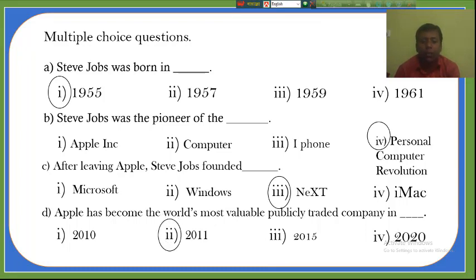Apple has become the world's most valuable publicly traded company in 2011. My dear beloved students, within a very short time, you will try to note down this answer and questions. Okay? Very, very important for your passage.